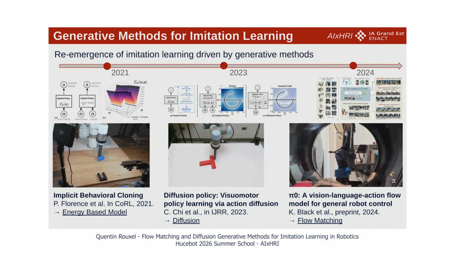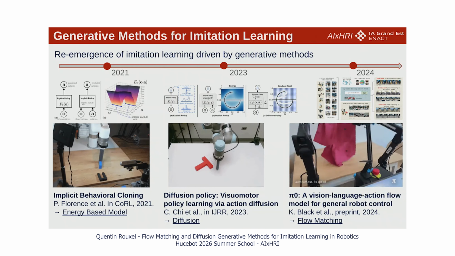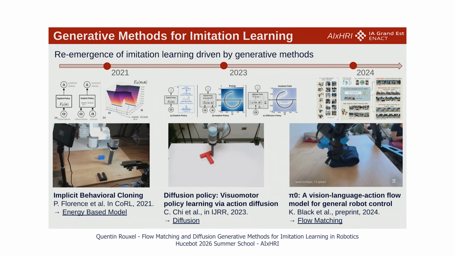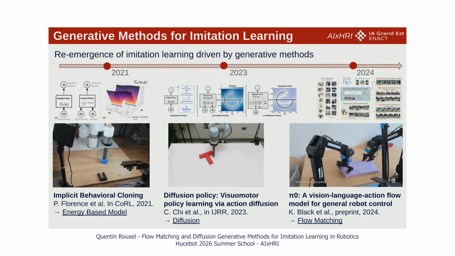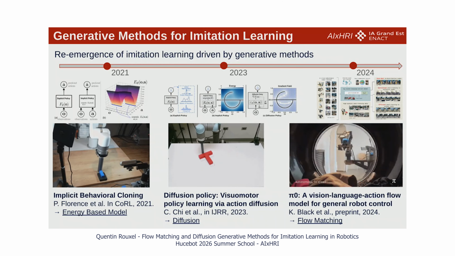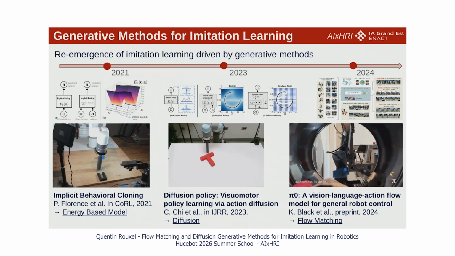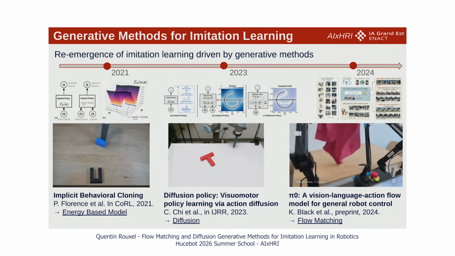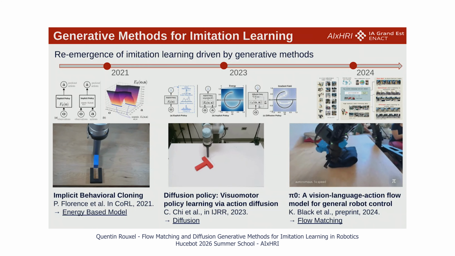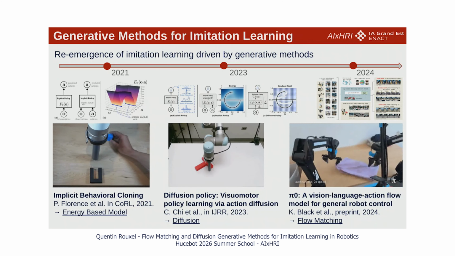As I was saying, imitation learning is an old topic in robotics, but it has started to work very well recently thanks to generative AI. I selected three works that I like and I think are important, but there are many others. Each of them improved the state of the art of imitation learning by using generative methods.